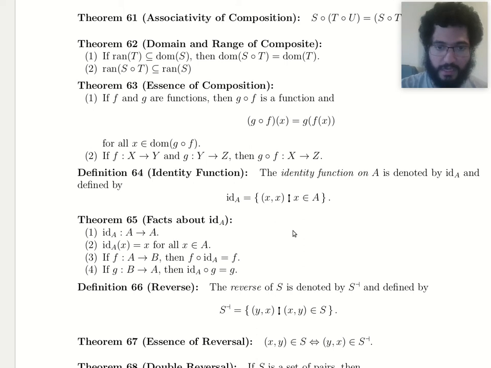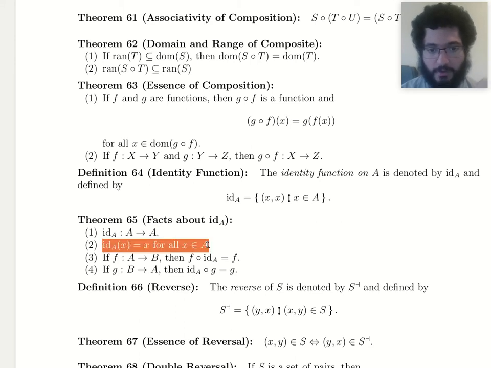First of all, the identity function on capital A is a function mapping capital A to capital A. Remember, this contains 3 statements. This is saying that it is a function, and its domain is capital A, and its range is a subset of capital A. Secondly is the formula that I wrote down.